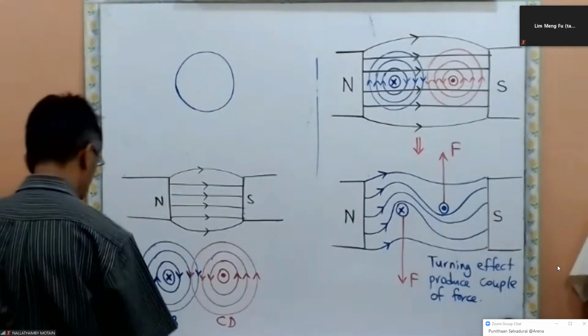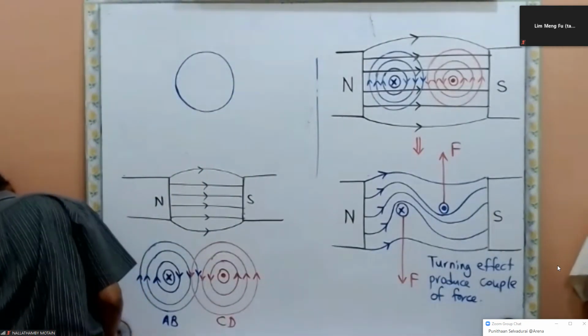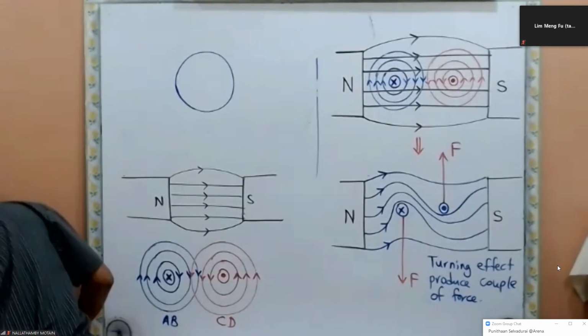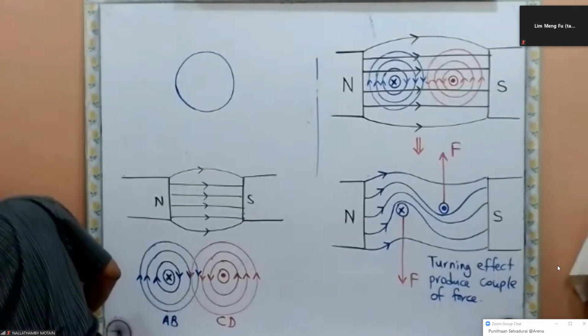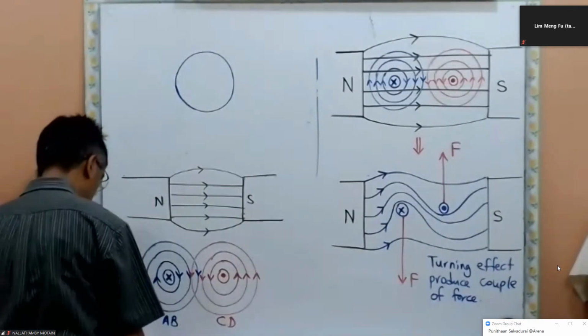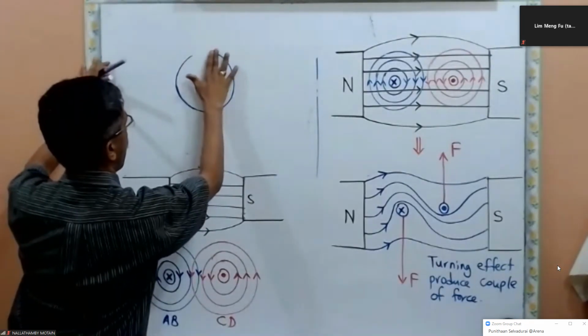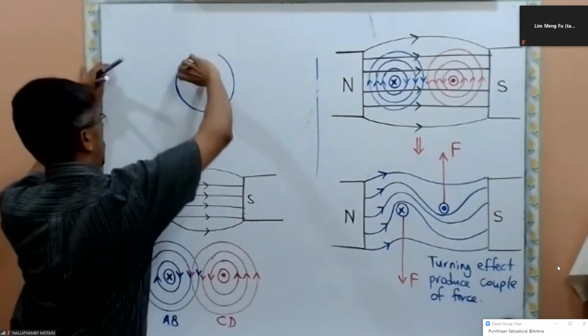Radius. Yes, it's a radius, half of the diameter. So this is a radius. Now, this one is a radius. Yeah, radius.